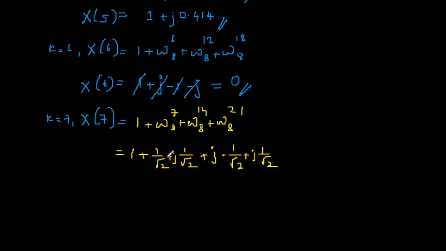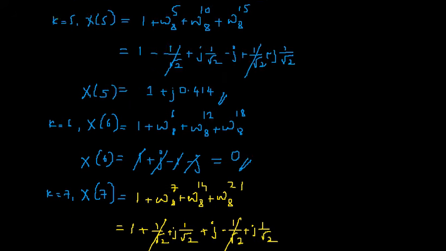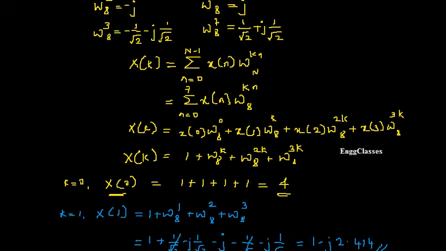Anything going to get cancelled? Yes, 1 by root 2 minus 1 by root 2 would cancel, and I'm ultimately going to get 1 plus j 2.414. So ultimately I'm going to get this as x of 7. Is that okay? So with this, it is end of numerical.